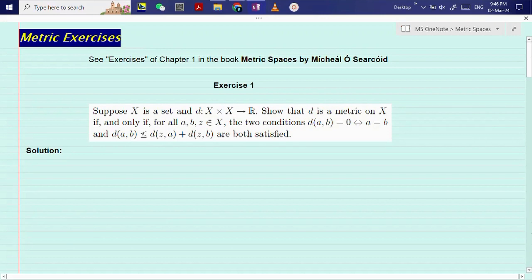So this is the first question. We show that D is a metric on X if and only if this condition and this condition, both of them, are satisfied.